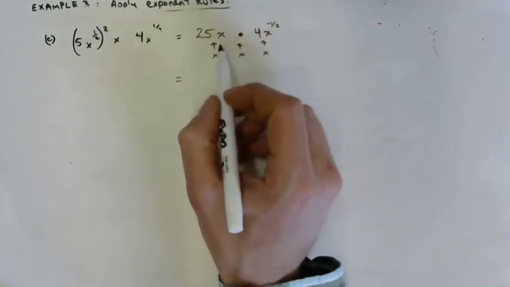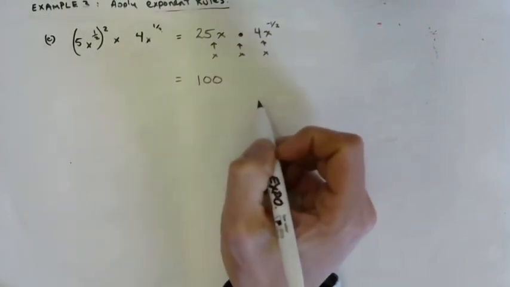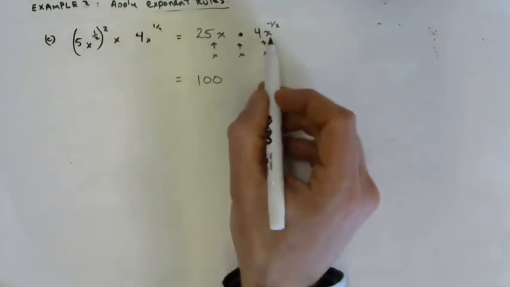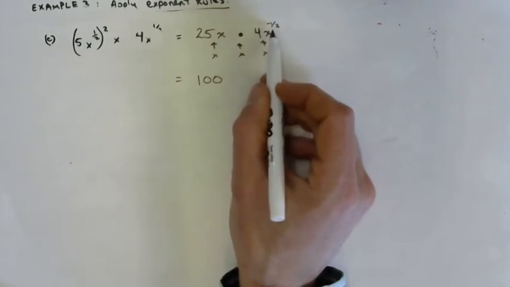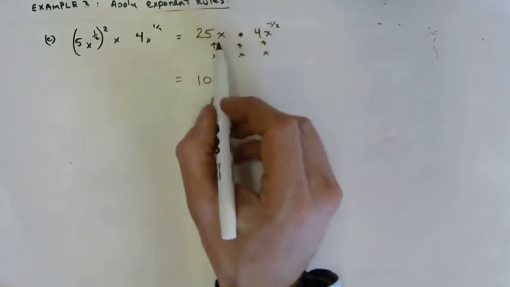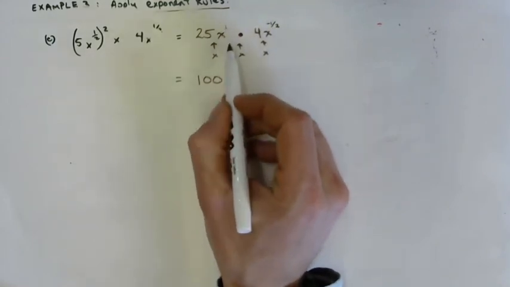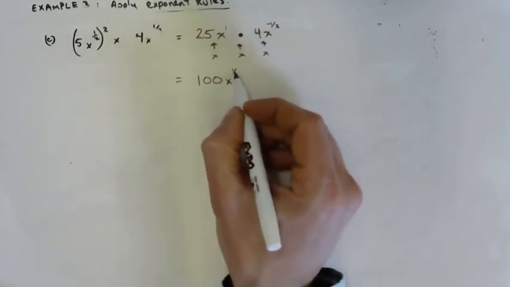So what I actually have here is 25 times 4, which is 100, times x to the power of negative 1/2. Well, if I'm multiplying x times x to the power of negative 1/2, this is x to the power of 1, which means I can just add my exponents, which gives me x to the power of positive 1/2.